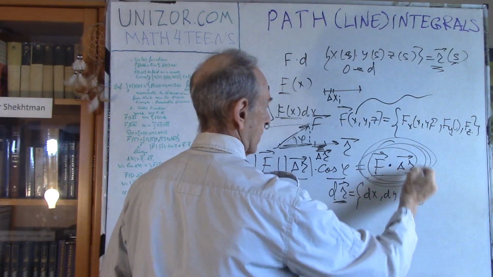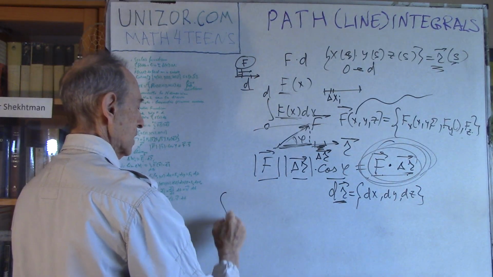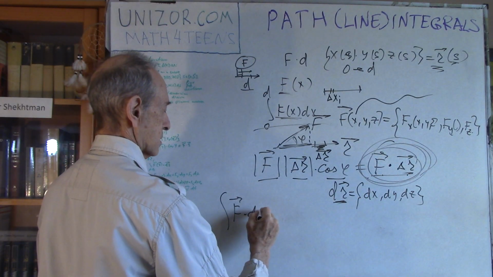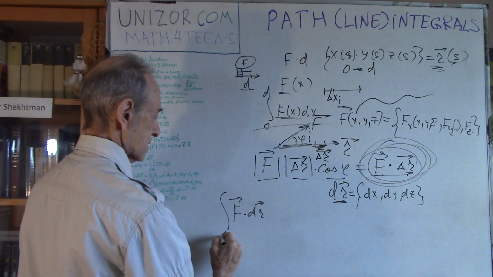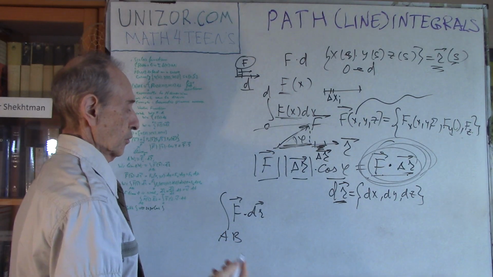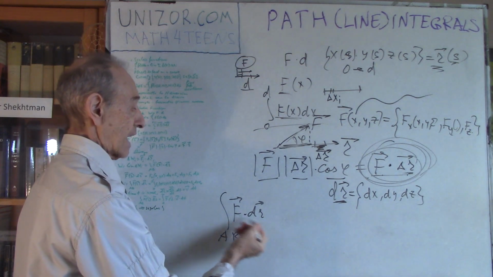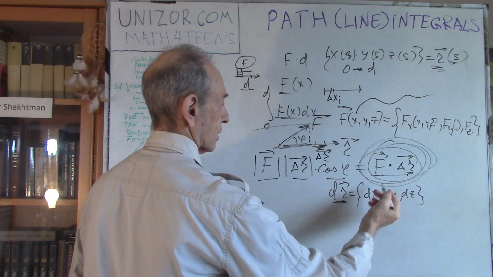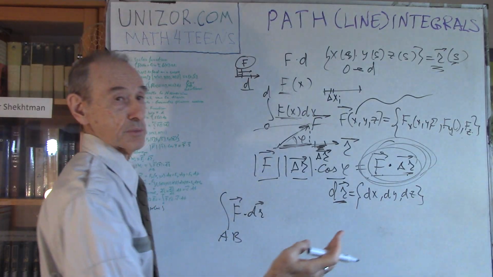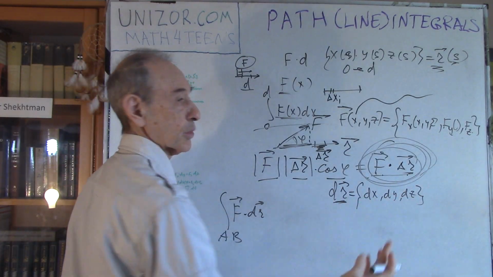Well, this is the key. So the whole integral of vector f times dr along some kind of a path from A to B. What is this? Well, this is a scalar product. Do you remember how a scalar product is supposed to be calculated in coordinate fashion?